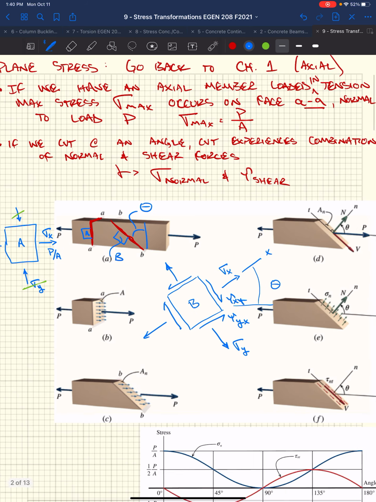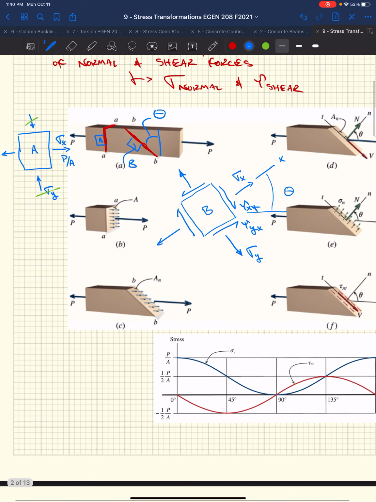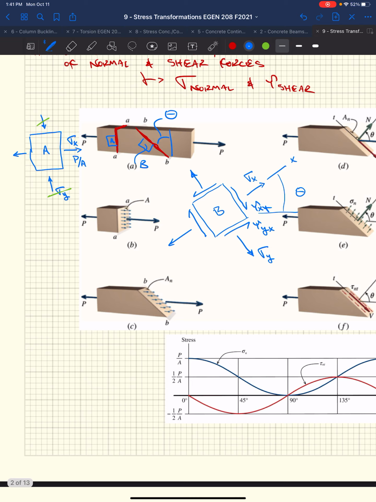And if you go through the derivation of what the stresses look like, the normal stress, sigma n, is P over 2A times (1 plus cosine of 2 theta). And the shear stress is negative P over 2A times the sine of 2 theta.